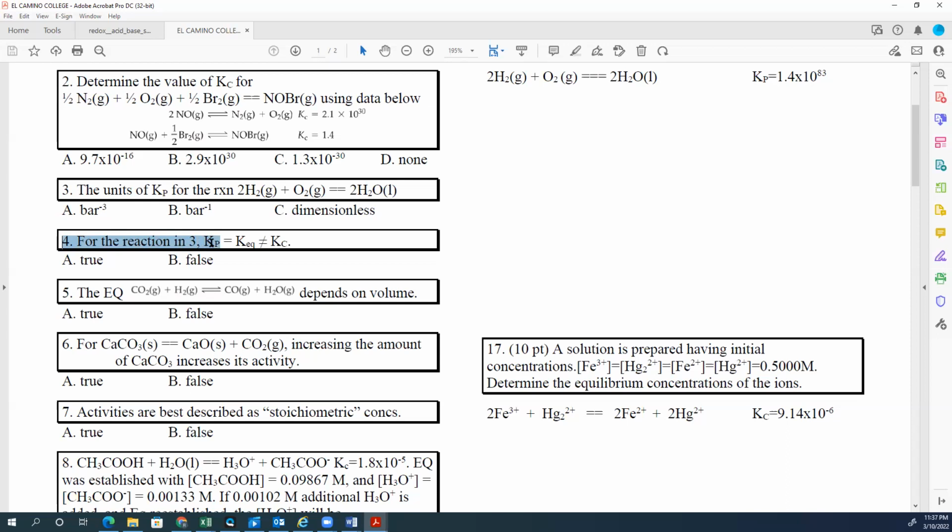For the reaction in 3, KP equals KEQ, which does not equal KC. Is that true or false? What do you say?